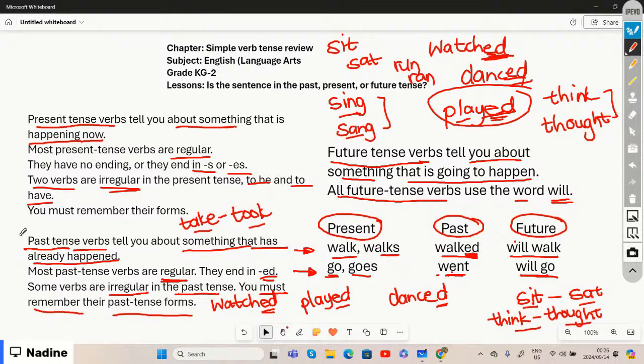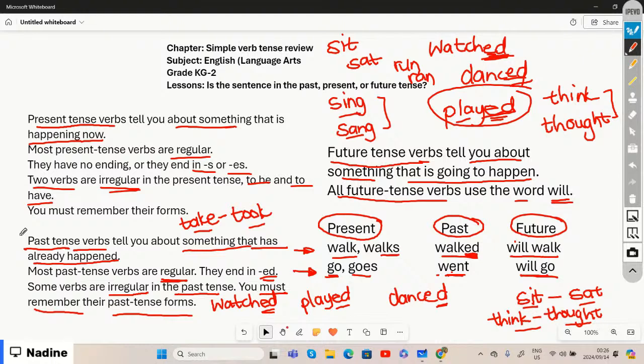And then we have our future verb tense. Our future tense tells us about something that is going to happen. And remember, future tense uses the word will before the verb.